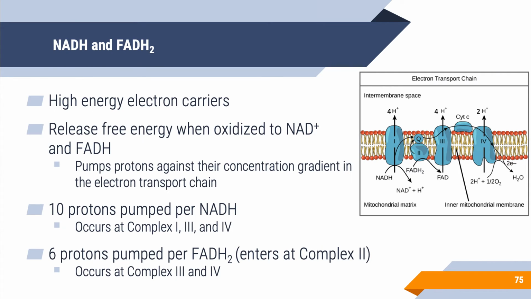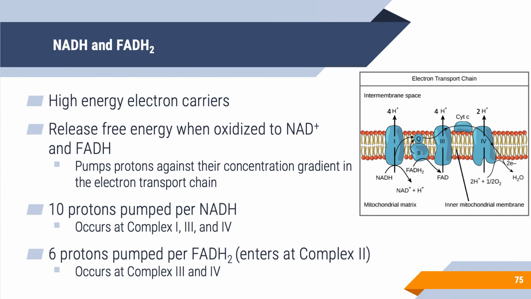NADH and FADH2 are high energy electron carriers, meaning that when they enter the electron transport chain, they're actually oxidized. So NADH is oxidized to NAD+, and FADH2 is oxidized to FAD. The oxidation of these reducing equivalents releases free energy and ultimately results in the pumping of protons or hydrogen ions into the intermembrane space from complex 1, 3, and 4.